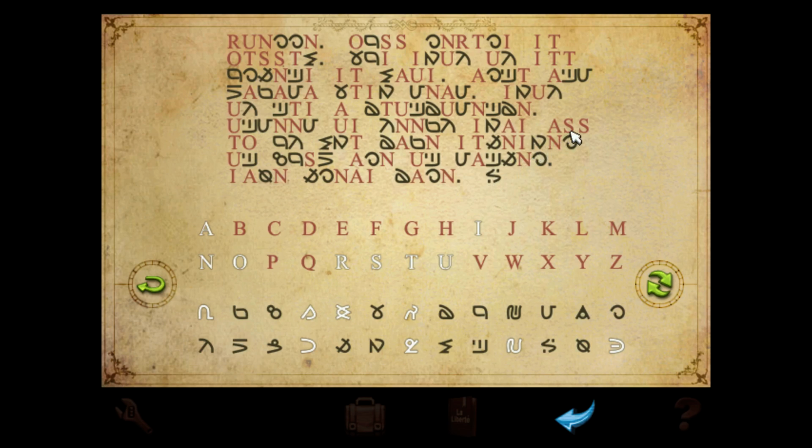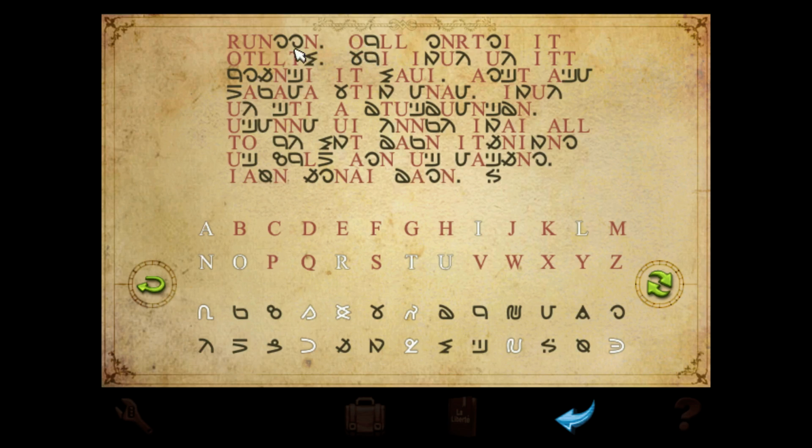So I doubt the word is ass here. But it very well might be, because it's either ass or all. So if we take the S off and make it L's, this is quite a puzzle going on here.